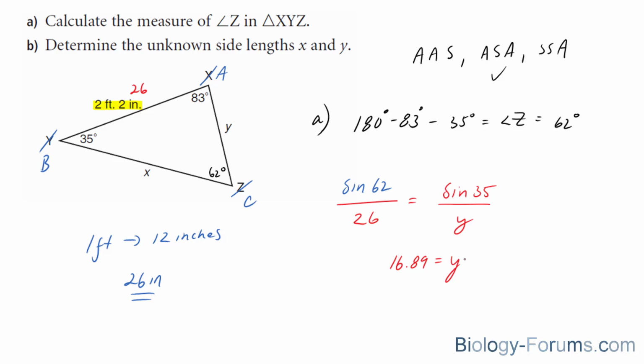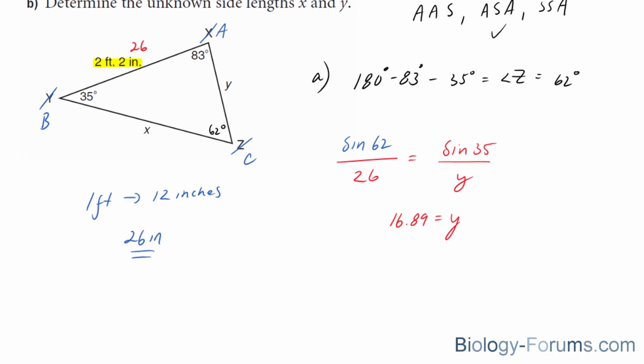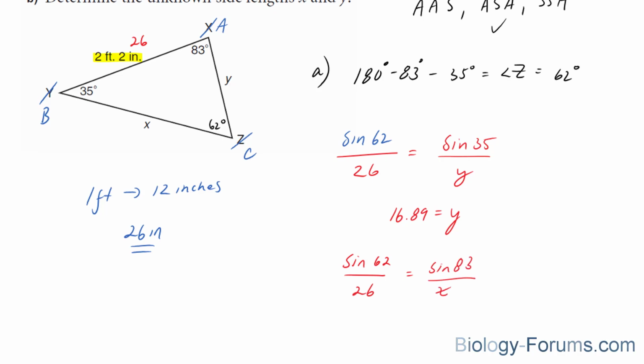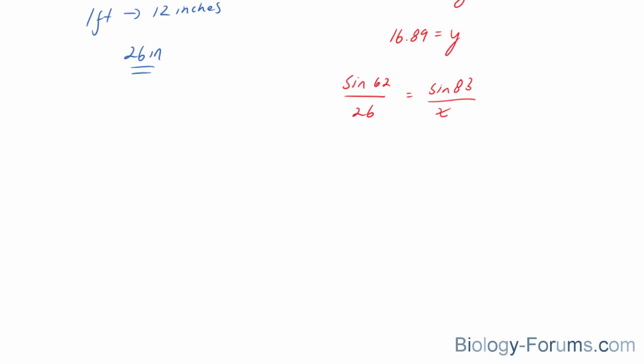We'll also do the same for X, and we will use the exact same completed ratio that we had above, but instead of sine 35, we're going to use sine 83. So let's do that. Sine 62 over 26 is equal to sine 83 over X. Now, in case you were confused with the previous calculation, I'm going to show you this one more clearly.